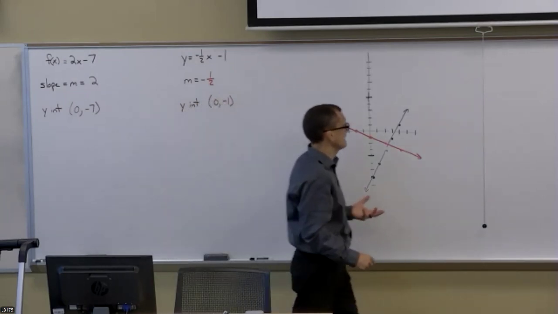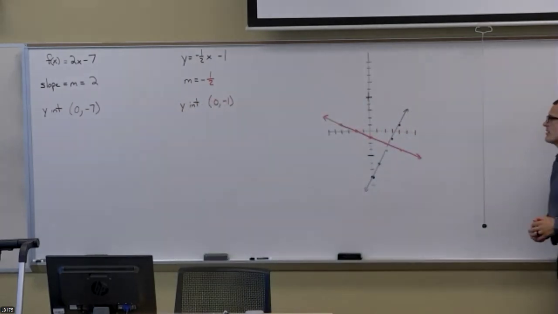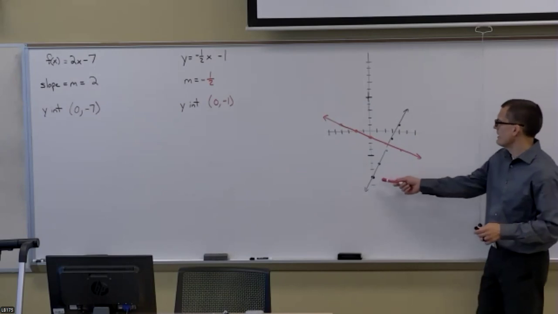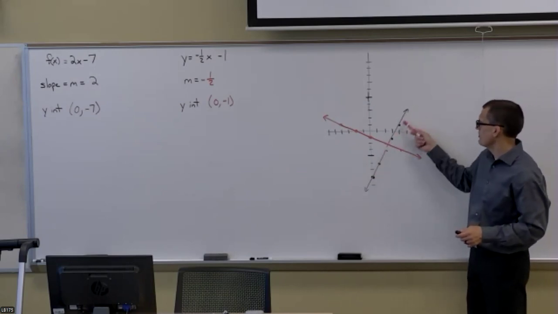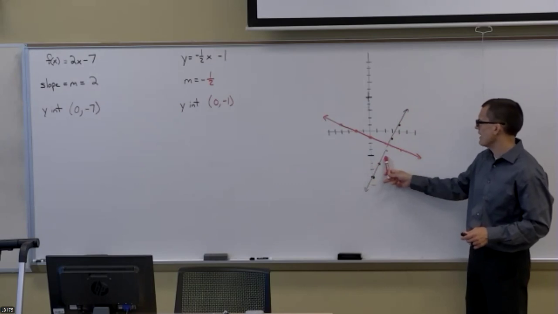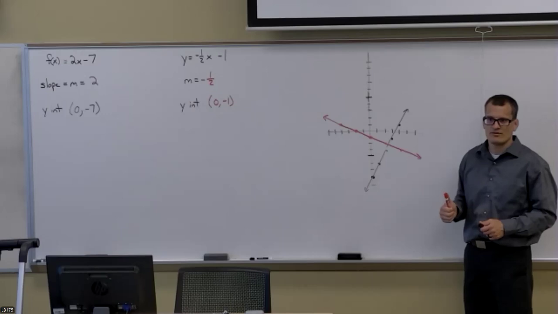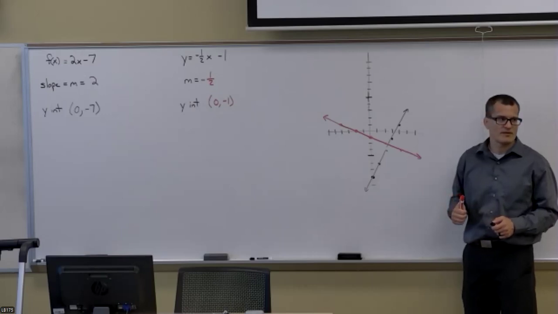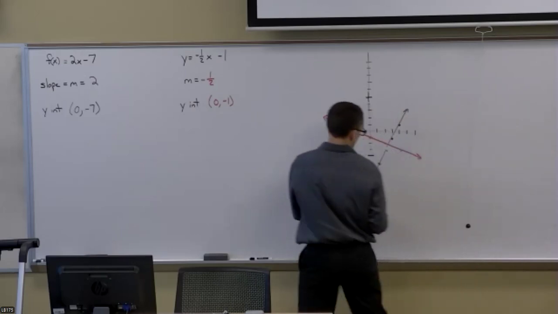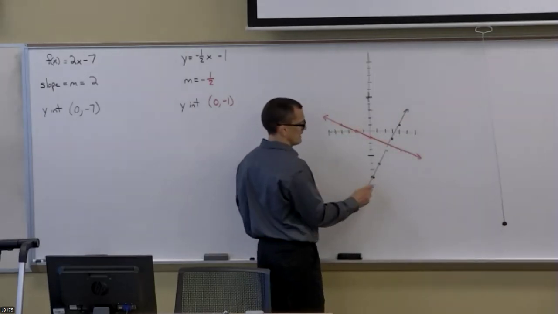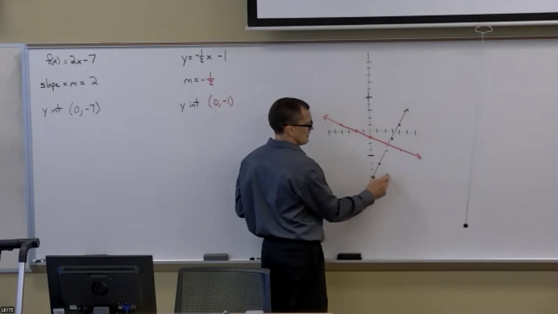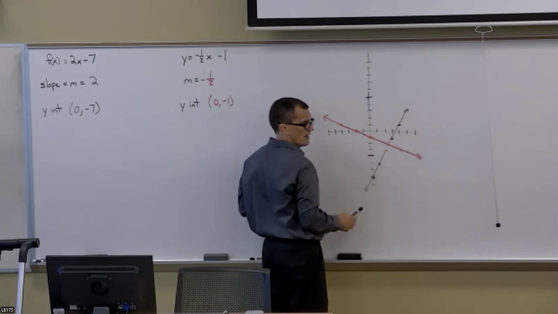Now, as we can see, slope generally is telling me about the direction my line is pointing. We saw here that this positive slope means that as you move left to right, it's increasing. You follow that? Positive slope means as you move left to right, we're moving up.